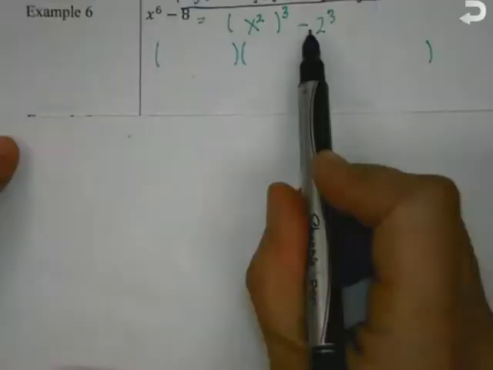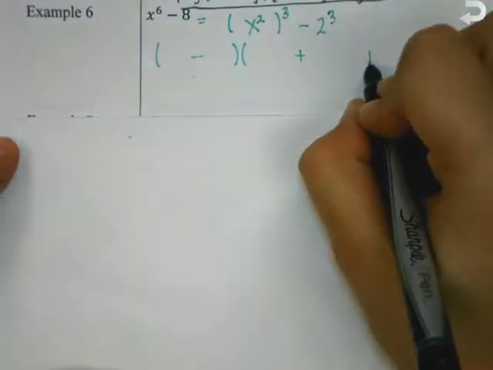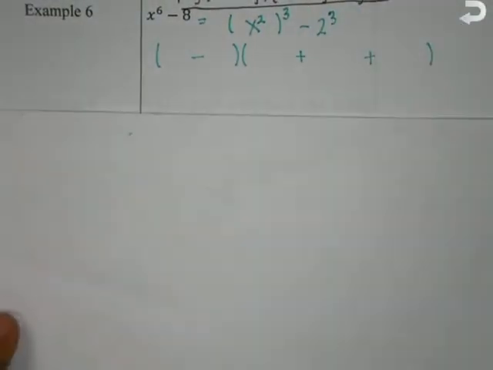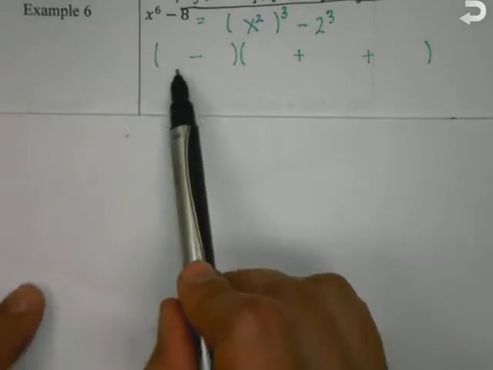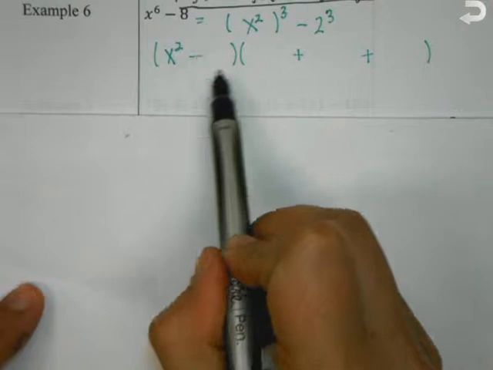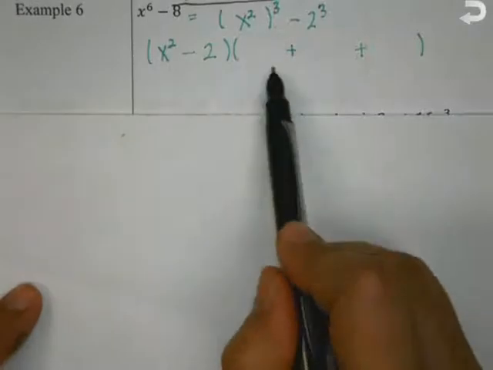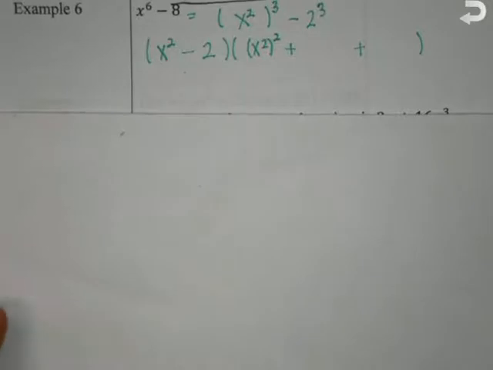Okay, everybody, ladies and gentlemen, what is base 1 that goes right here? X squared. What goes right here? 2. In here is x squared squared. So make sure you put the original x squared in parentheses. And then our middle one is x squared times 2.